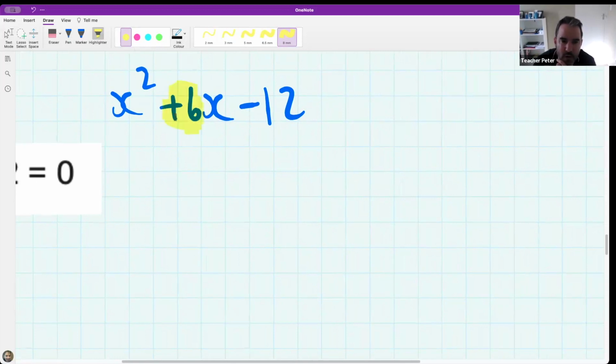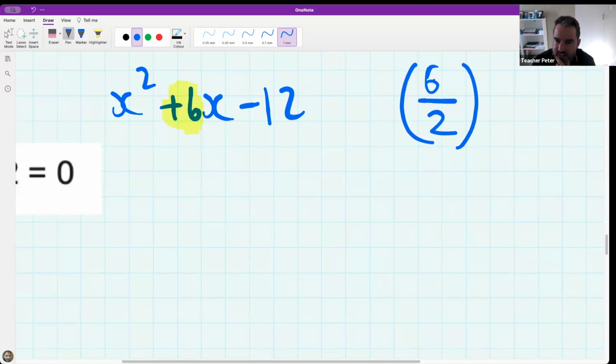So it's going to be on the plus 6. Now, what do I need to do to that plus 6? So I take the 6 out, and then I divide it by 2. Okay.